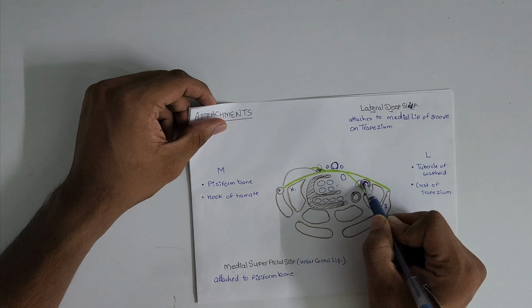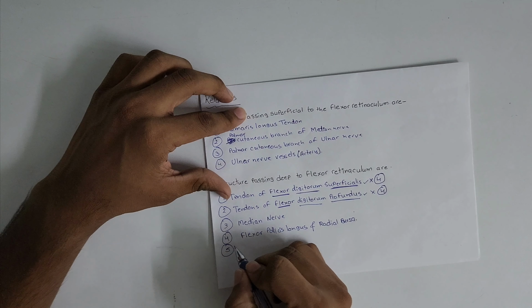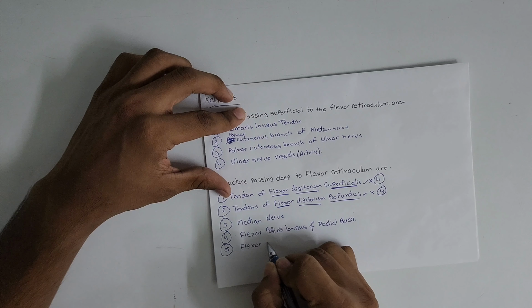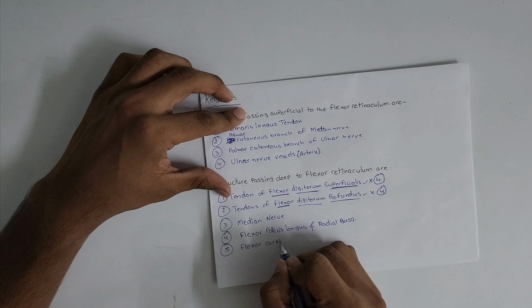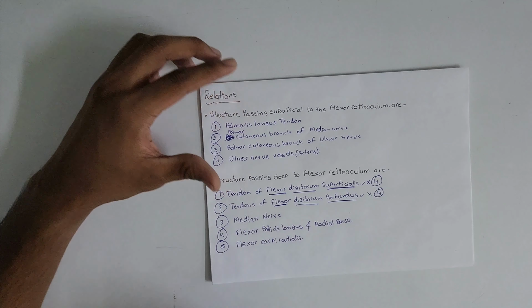One more content left, which is the flexor carpi radialis, and its bursa.